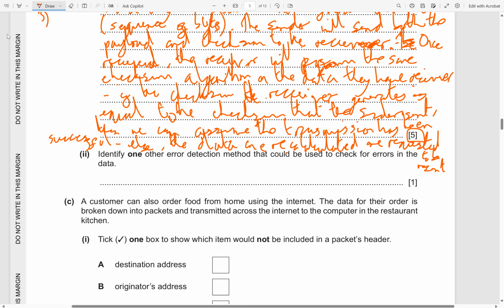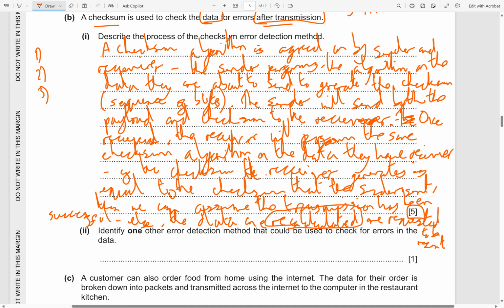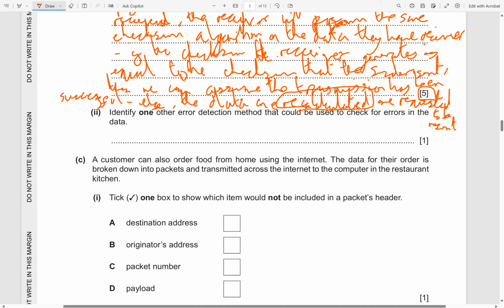The reason I've said the checksum should be recalculated is because maybe the sender made a mistake when calculating the checksum. Maybe there was some weird CPU error, some static in the CPU that modified one of the register values, some kind of unexpected error like that.